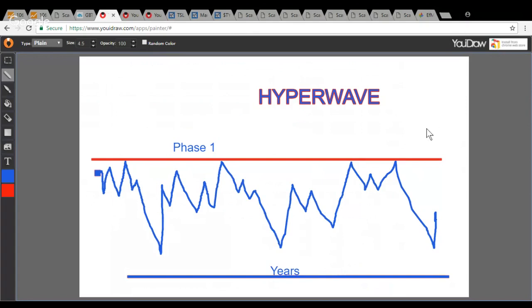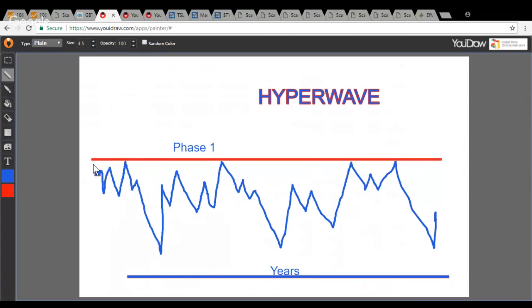I don't consider any hyperwave to be an actual wave. It could be a bubble, it could be a lot of things, but not a hyperwave unless you go for at least 2 or 3 years, in some cases 10. And you remember I showed you one that went on for 40 years, which was the US Treasury bond market.